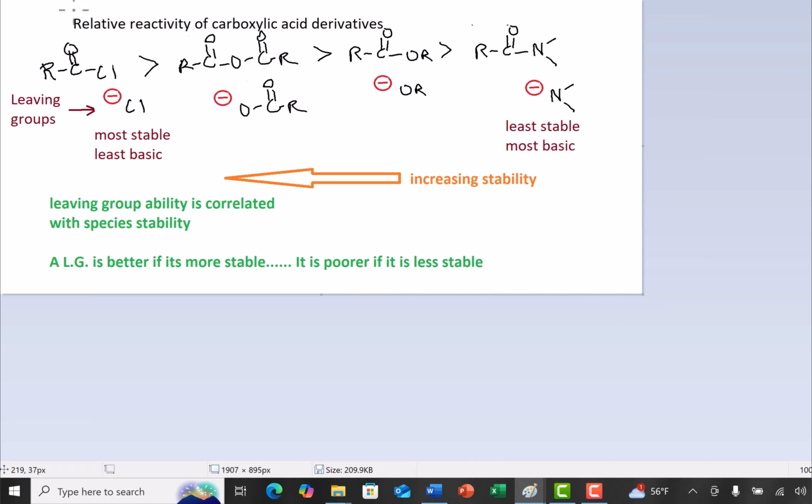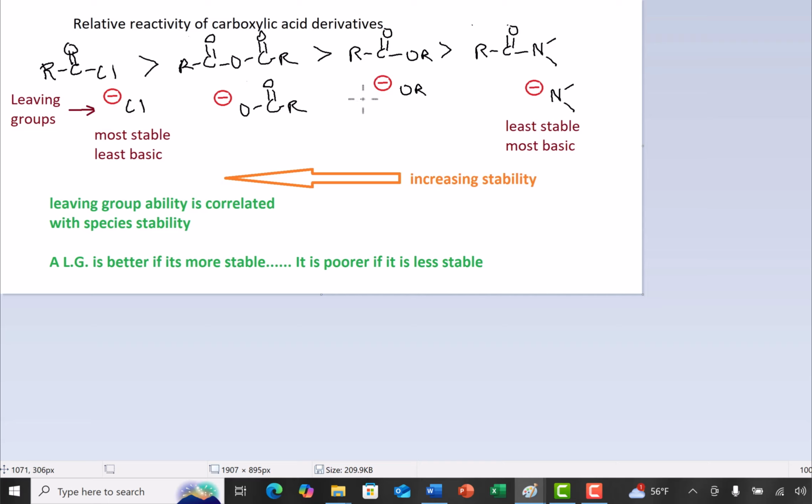Fundamentally, it's the ejection of the leaving group that is the rate determining step. What I've done is to draw the structures of the leaving group for each of these. For the acid chloride, the leaving group is chloride ion, shown there.